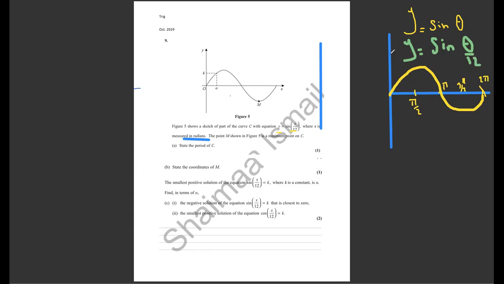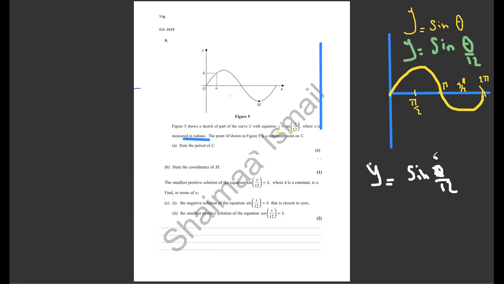And actually, that belongs to the x-axis, not to the y-axis. If you go back to the transformation rules, here y equals sine x over 12, maybe theta over 12 or x over 12.